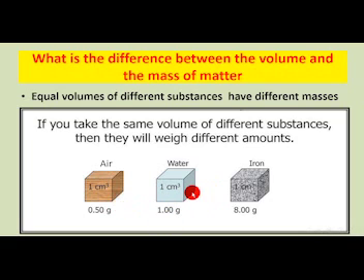These three cubes have the same space or the same volume, but they don't have the same mass. Why is that? Because the iron is heavier than the water, and the water is heavier than the air.